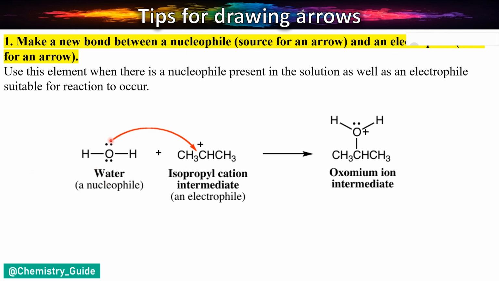This is the example where a water molecule is used as the nucleophile on the isopropyl cation intermediate, which has a positive charge, so it is an electrophile. There is an attack of a lone pair of oxygen on this positively charged carbocation, generating the oxonium intermediate. So the correct use of arrow is from the nucleophile to the electrophile.